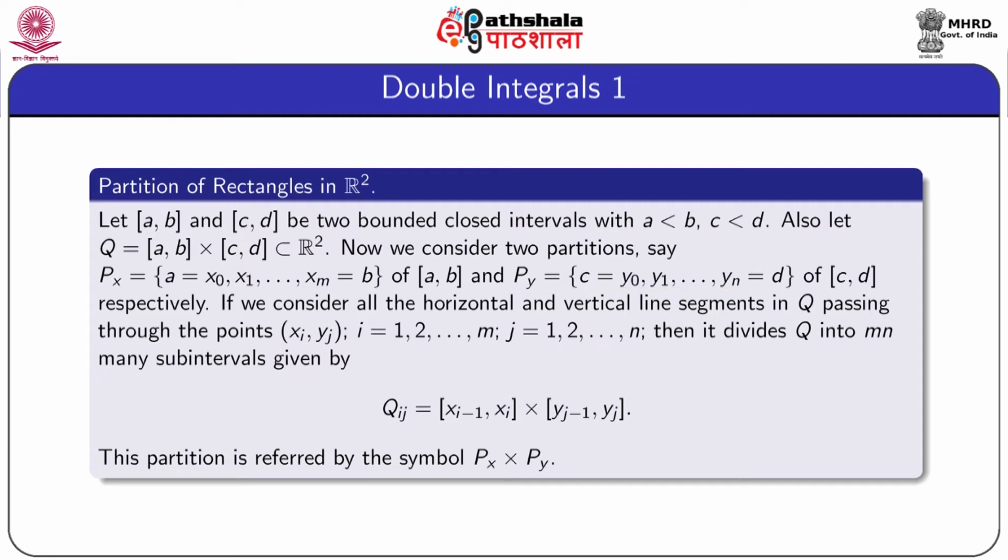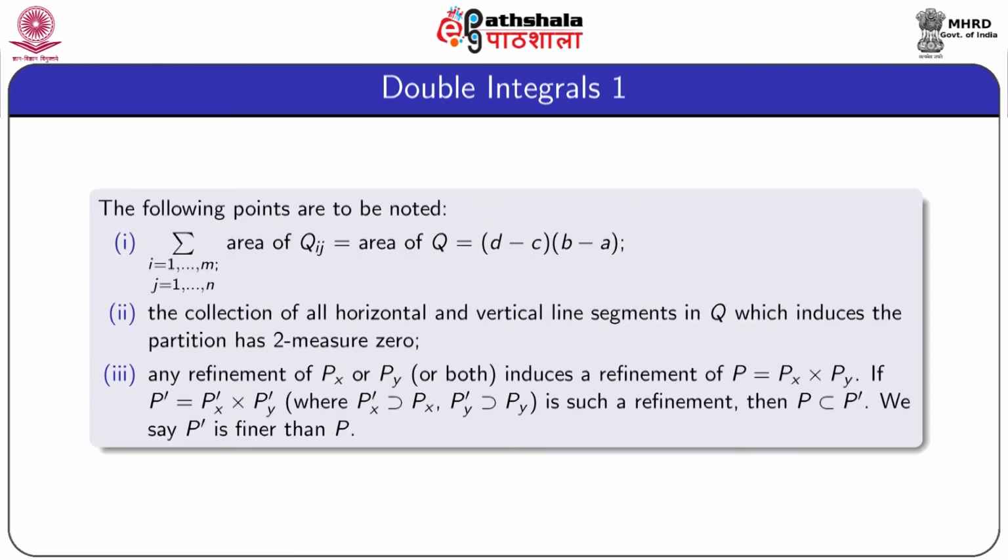If we consider all the horizontal and vertical line segments in Q passing through the points xi, yj, where i runs from 1 to m and j runs from 1 to n, then it divides Q into mn many subrectangles given by Qij equal to the Cartesian product of the subintervals [xi minus 1, xi] and [yj minus 1, yj]. This partition is referred to by the symbol Px times Py.